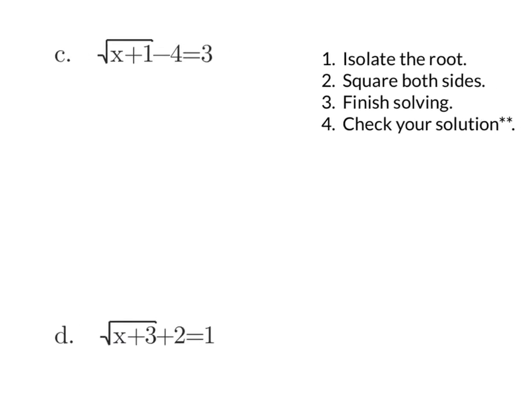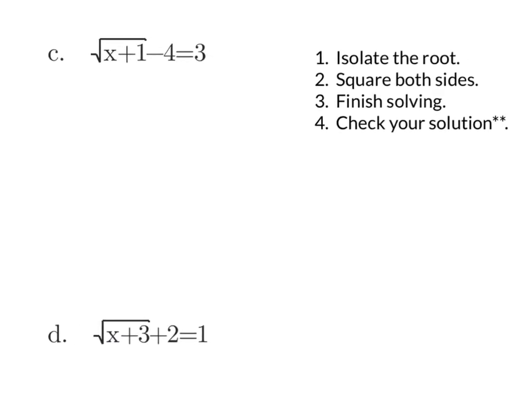Okay, let's try a couple more. C, we have the square root of x plus 1 minus 4 equals 3. So if we isolate our root, we're going to add 4 to both sides. We get the square root of x plus 1 equals 7.